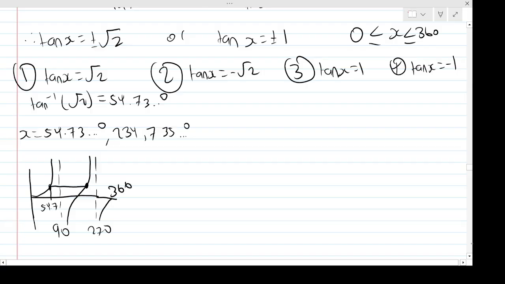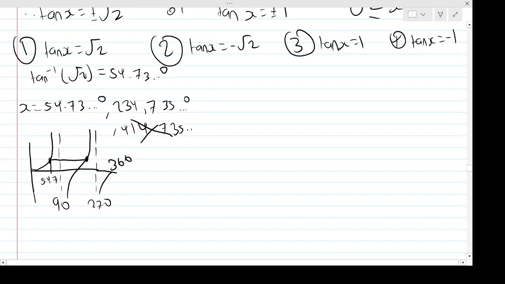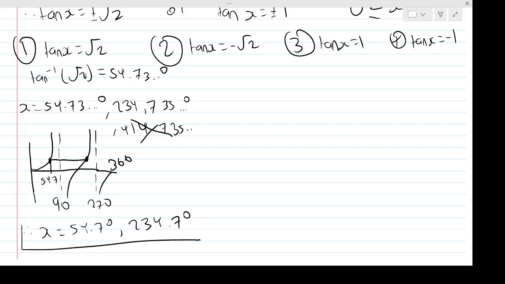If we add another 180 on, we get 414.735. But we're only between 0 and 360. That is over 360, that 414, so we have to reject that. So those are my only two solutions then. Therefore, to one decimal place, x is either 54.7 or 234.7 degrees, okay? There we are, to one decimal place.